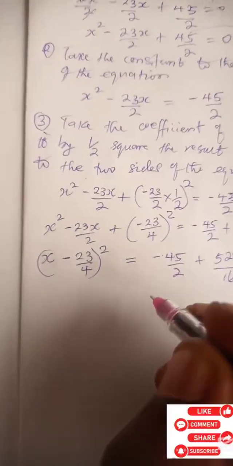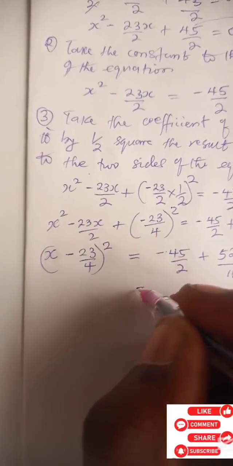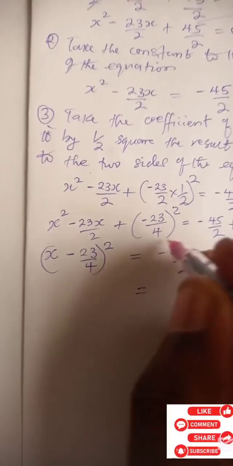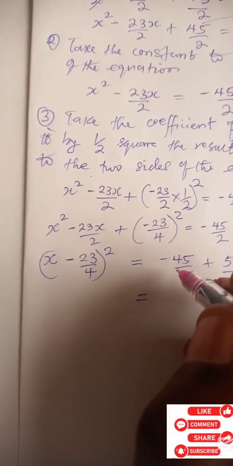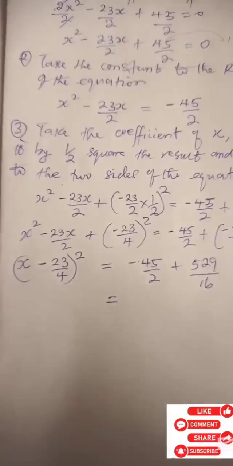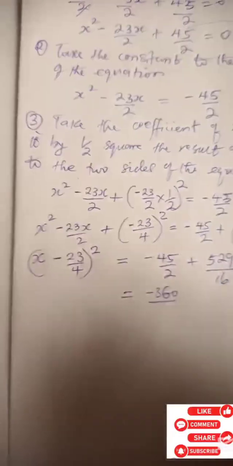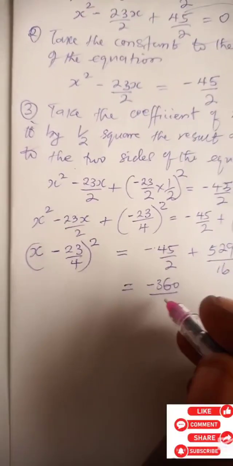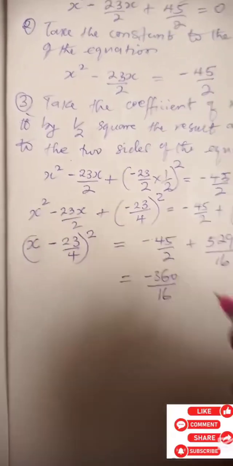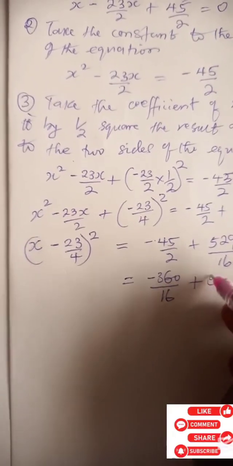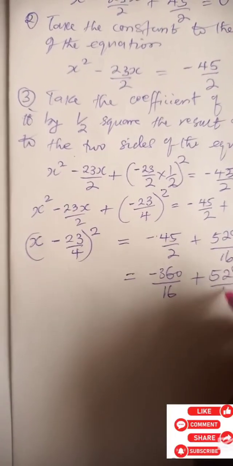So here I'll be having 45 times 8, 360. So I'll be having minus 360 all over 8 times 2 here, I'll be having 16. So plus 529 all over 16.